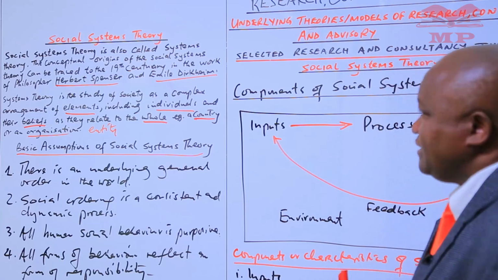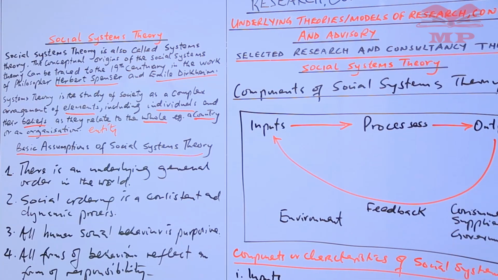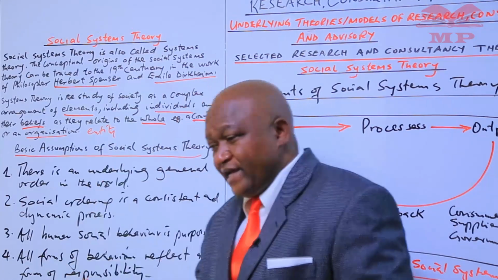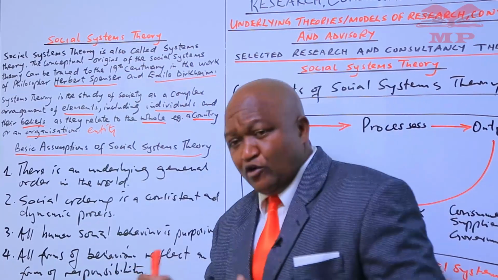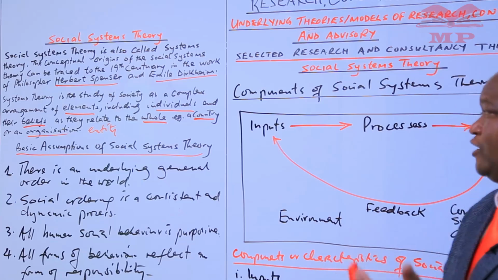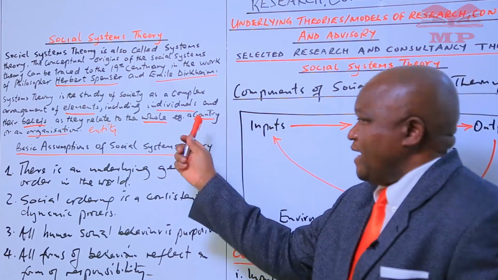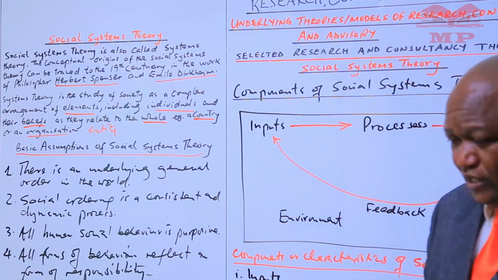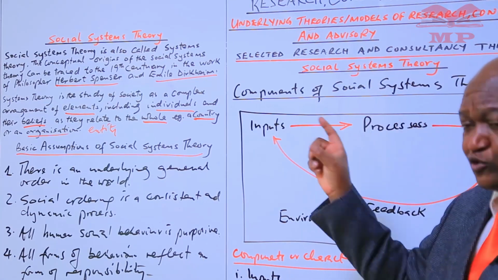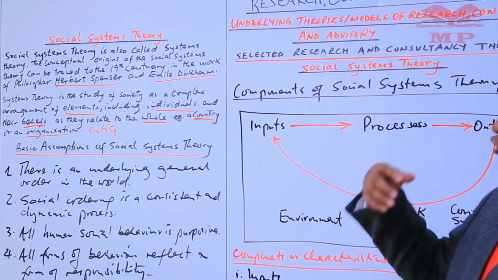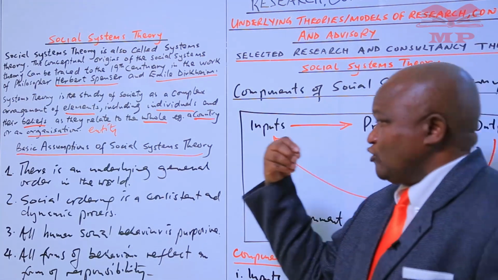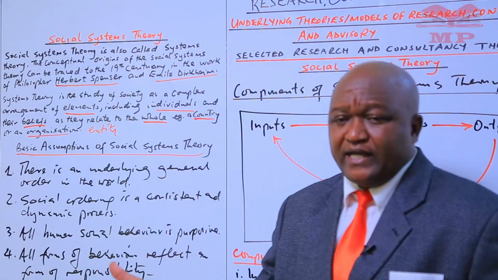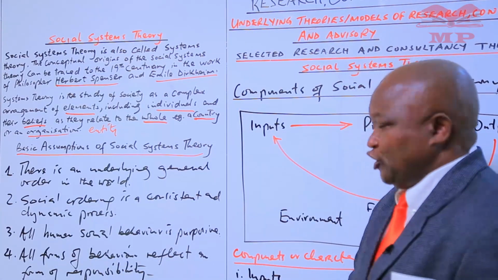We have seen that systems theory is the study of society, and it looks at society as a complex arrangement of elements that include individuals and their beliefs as they relate to the whole. And the whole could be a corporation, a country, a county government, an entity like a church, or any other social organization.